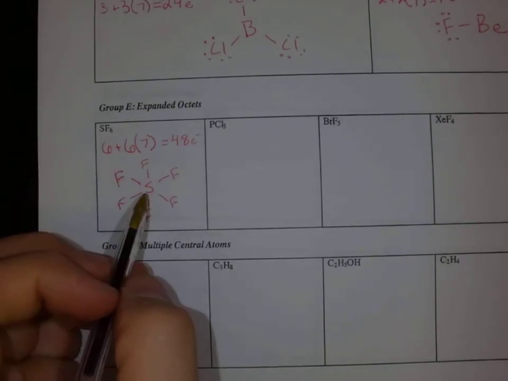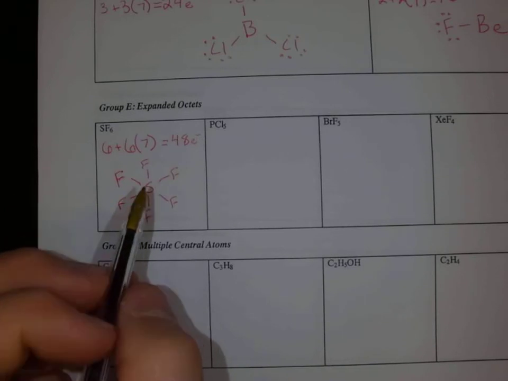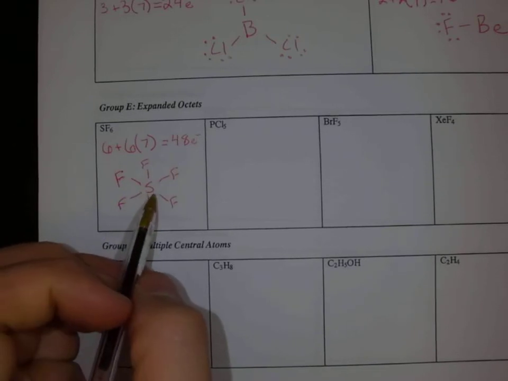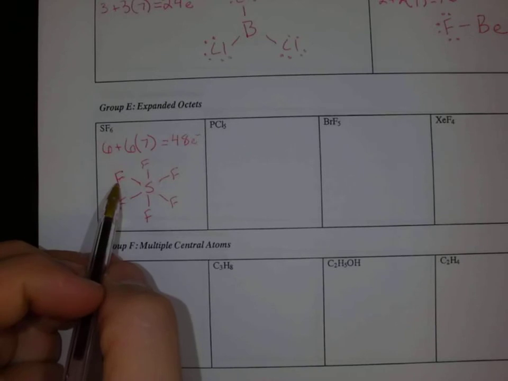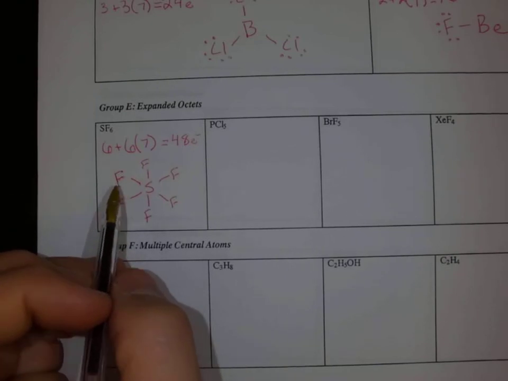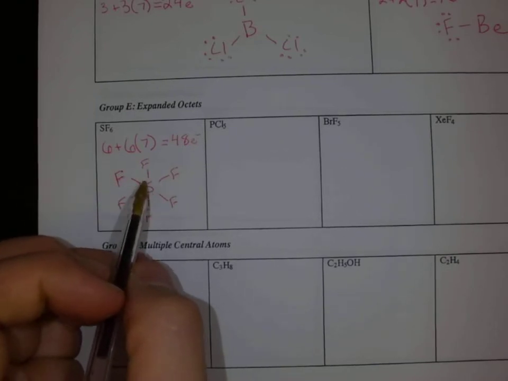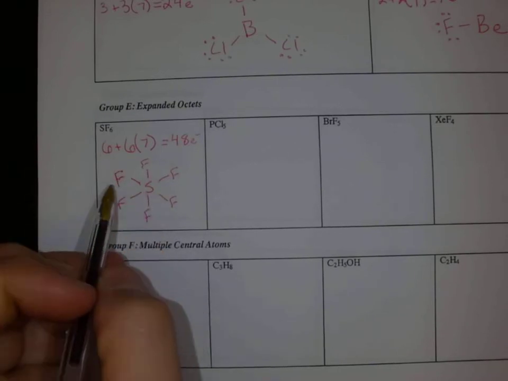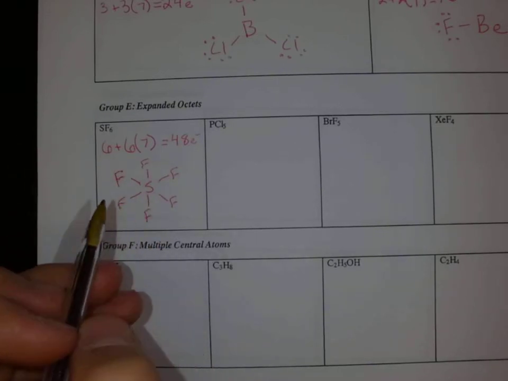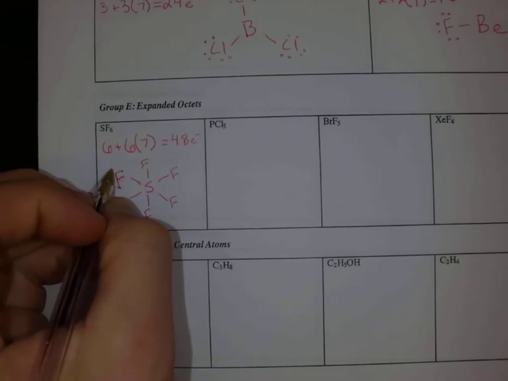Sulfur is in the 3rd period, so it has d orbitals available. And fluorine is the big pig. Fluorine really, really, really wants to have 8 electrons. So rather than sharing with other fluorines, it's going to force sulfur to share, allowing fluorine to have 8 electrons around it.